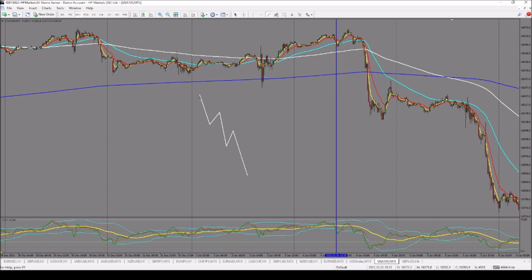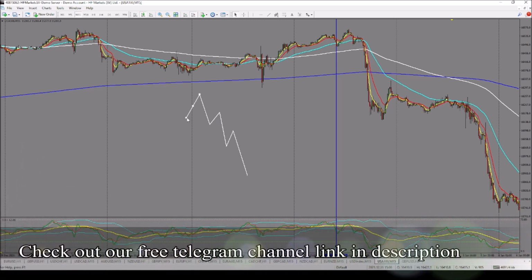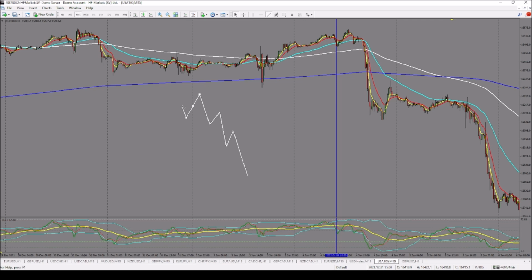So let's take, for instance, if we had a move like this. Then we had higher highs. It's unfortunate that I'm drawing them from behind.